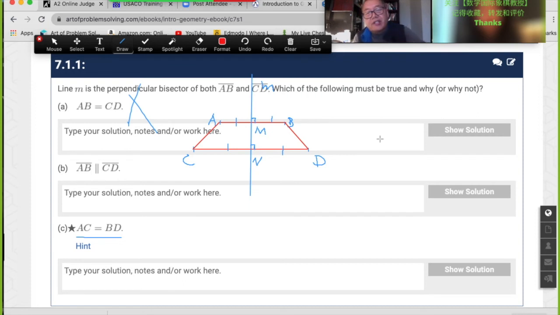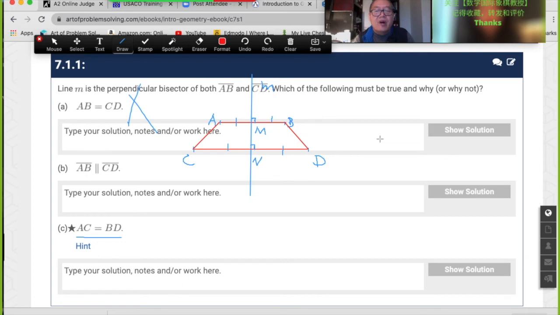In this example, is AC equals BD? What you drew is yes. Can you give me an example where AC is not equal to BD, when the distance from B to the midpoint of segment AB is either shorter or longer?